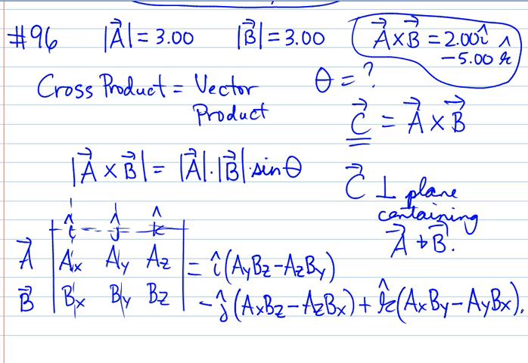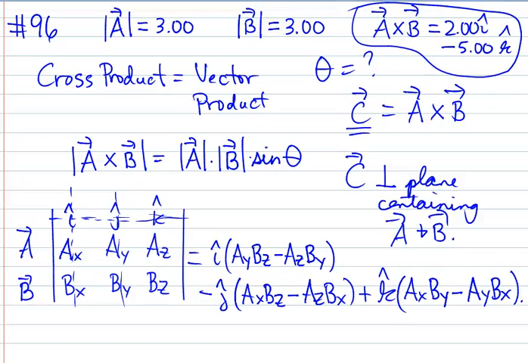Now this is a little bit too much work for our problem, and the reason for this is that we already know enough to solve it without having to do this. So you could think of this as just a review of how we do the cross product.